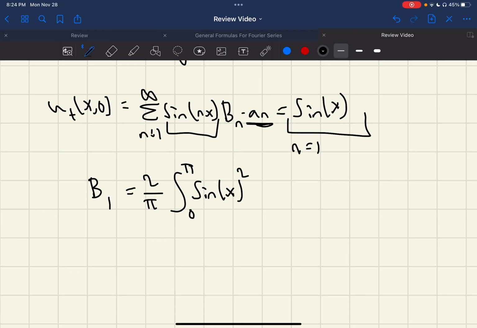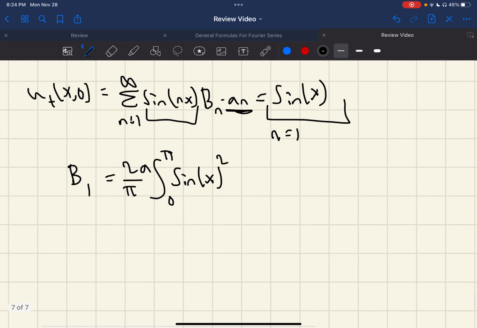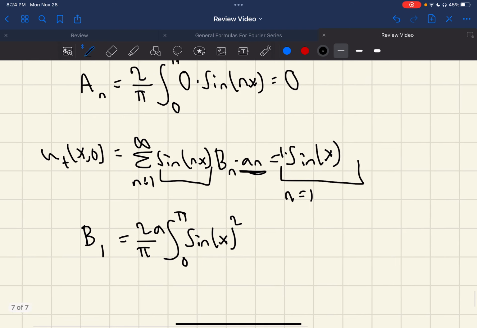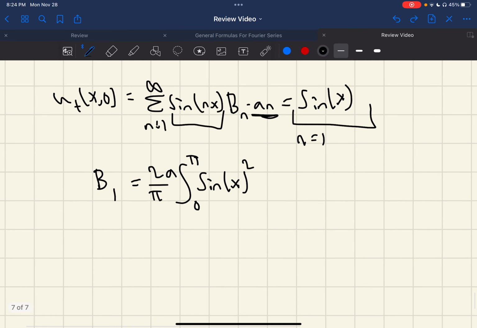And then we also have to consider the an, so we have this a, which we can pull out. And because this a exists, we have to do this integral because our coefficient is unknown. It's not going to be 1, so imagine there's like a 1 here. If this were a heat equation, we wouldn't need to do this integral, but because that constant a is there, we do have to do it, which only happens when you're taking the derivative.